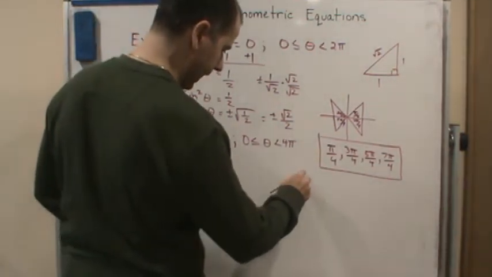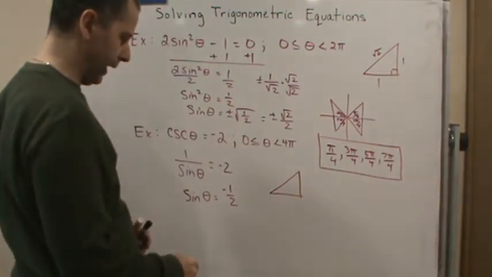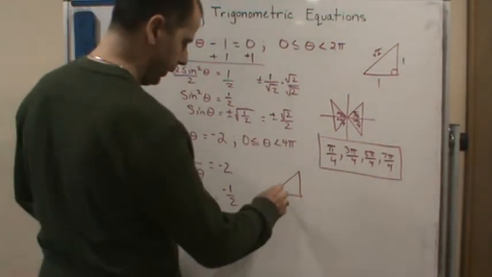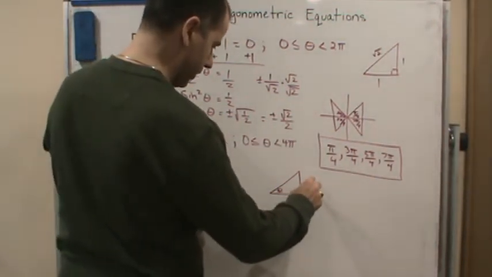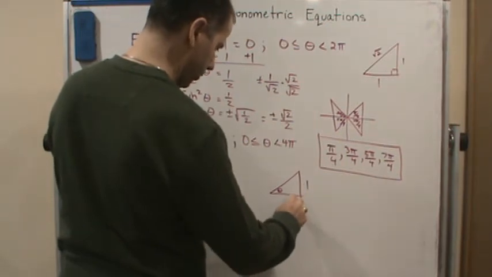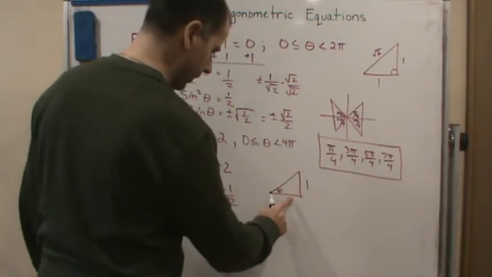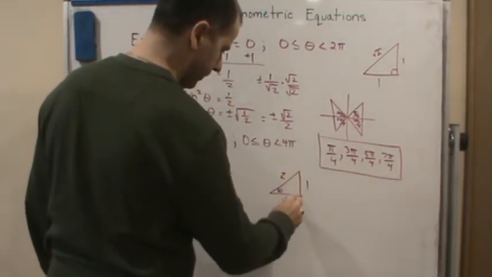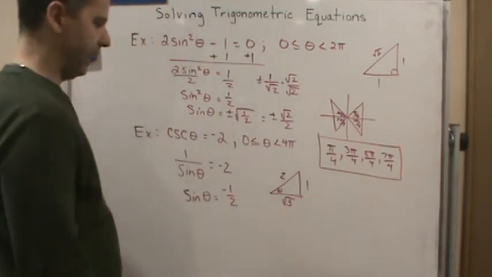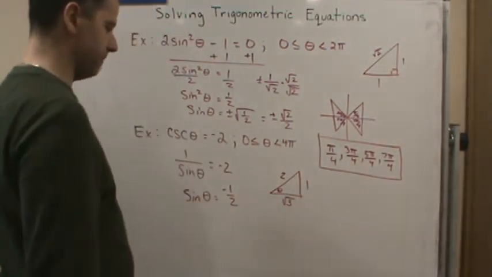If we just look at the first quadrant, just to find out what kind of triangle we have, we have theta, and so the opposite is 1, and the hypotenuse is 2. And so guess what? We have a 30, 60, 90 triangle where theta is 30 degrees.